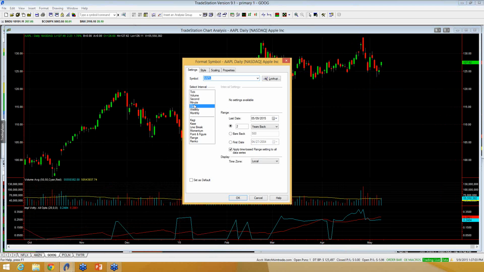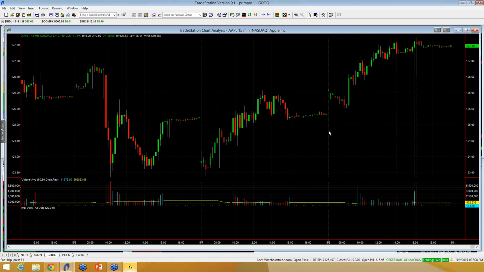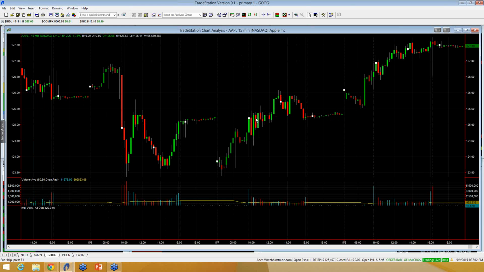Just want to break this down into a 15-minute chart, so you can see what went down on this thing. This also includes pre-market activity. So you can see this is the shakeout into the 123s happening on like Monday and Tuesday.